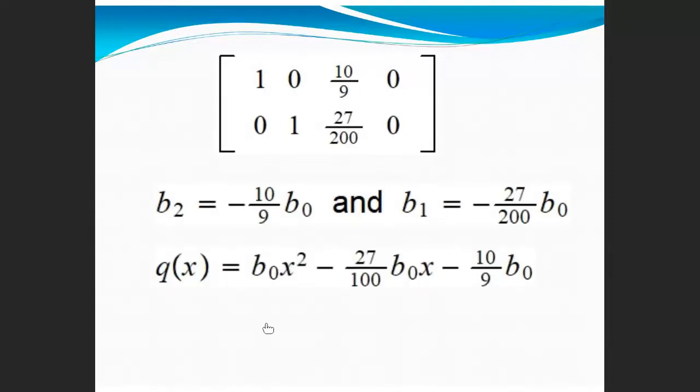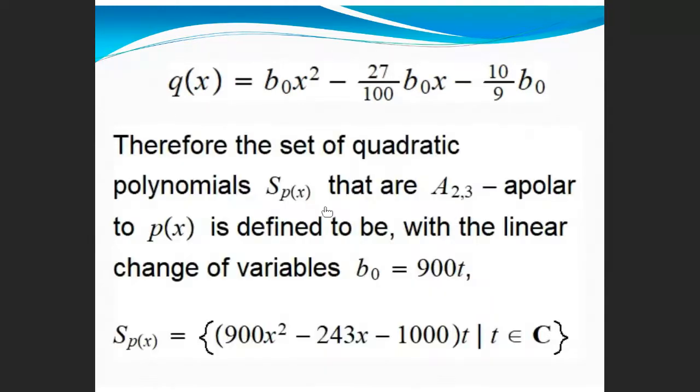And so the space of quadratics actually is a space because it arises as a null space of a 2×3 matrix. And so this is a generating polynomial for the space of quadratics that are apolar to P. And so we can call that space S sub P, and by making a linear change of variables, we let b sub 0 equal 900t, then that will allow us to write our generating polynomial with integer coefficients, and that's a one-dimensional subspace isomorphic to a vector space subspace of C3.